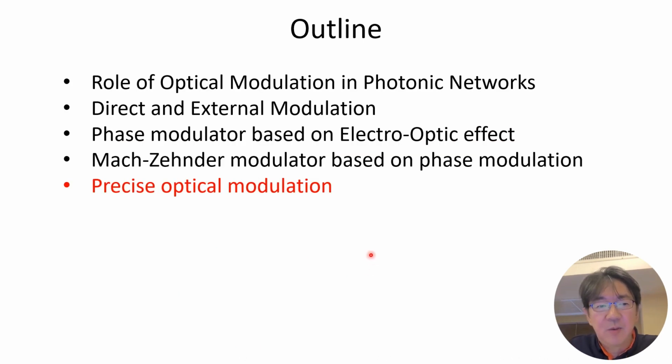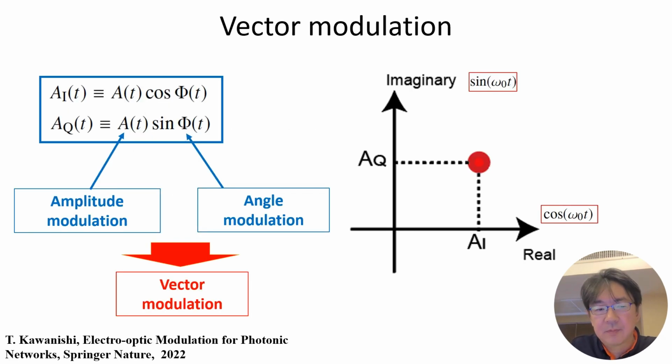Okay, I'd like to move on to the last part of the video, precise optical modulation, which includes the vector modulation and the high extinction ratio modulation. Okay, here I'd like to explain the basic concept of vector modulation.